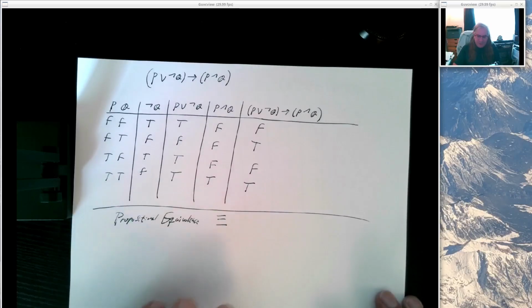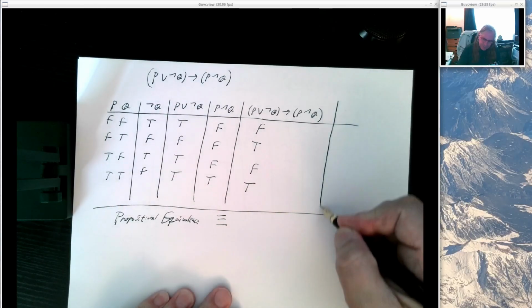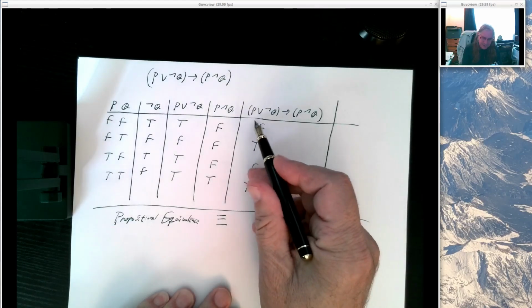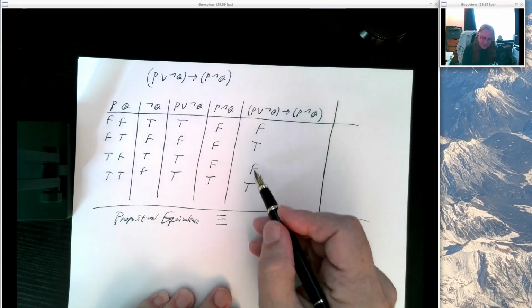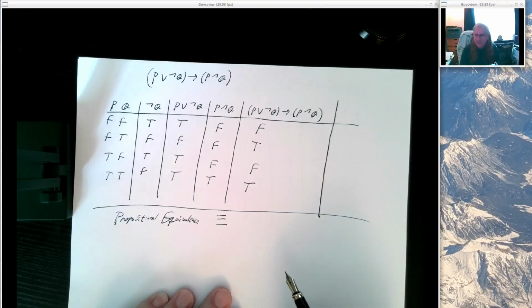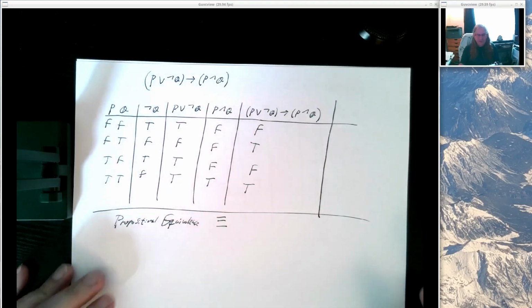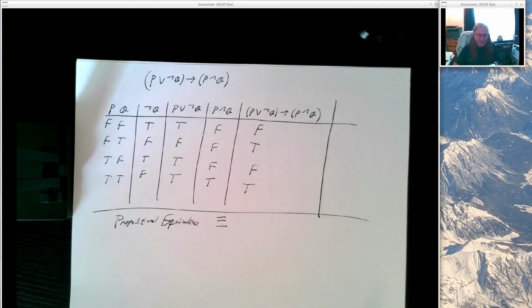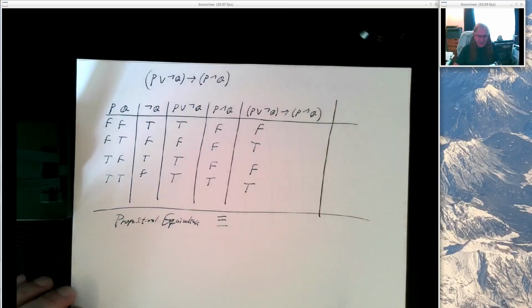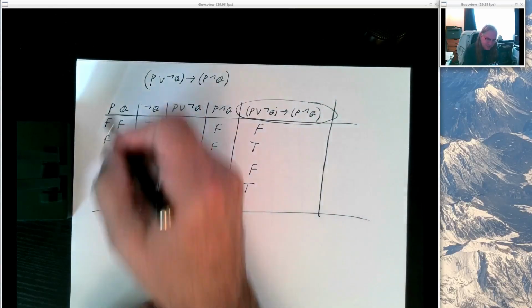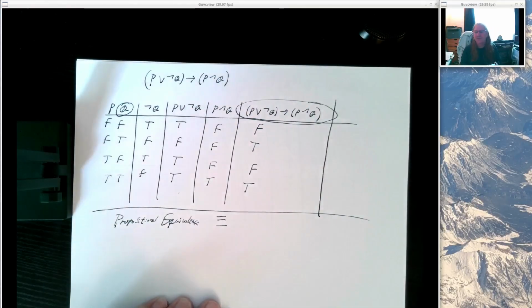So, for example, if I look at the truth values of this compound proposition, they're false, true, false, true. If I look at the value of Q, it's false, true, false, true. In all cases, regardless of the value of Q and regardless of the value of P, this proposition always has the same truth value as this proposition. So we would say that this is logically equivalent to that.